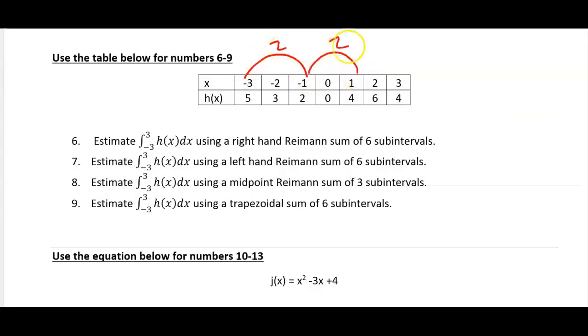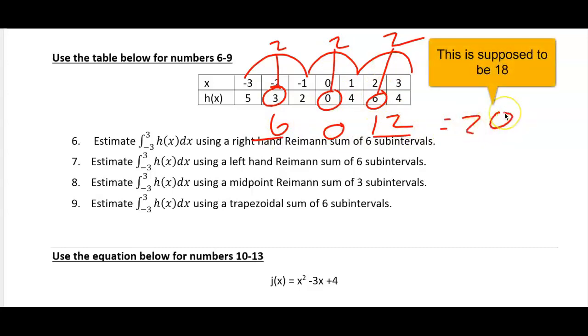So that just basically means we're skipping 1 every time, and that gives me 3 rectangles. Okay? And when you're doing a midpoint sum, for each rectangle, you're going to go with the middle number to represent the height. So that's a height, that's a height, and that's a height. And you just do 2 times 3, 2 times 0, and 2 times 6. Going to add these up. Got your answer.